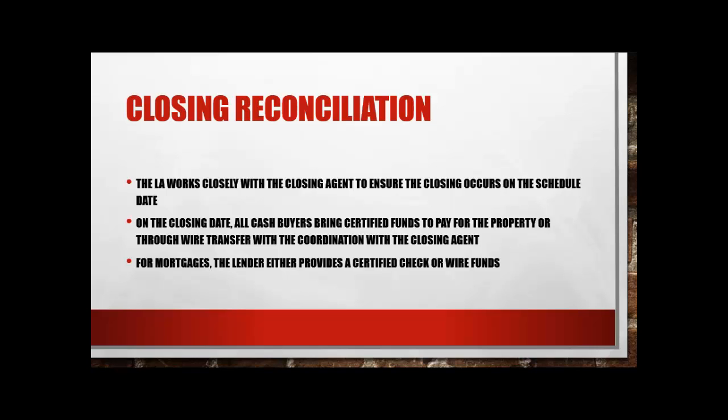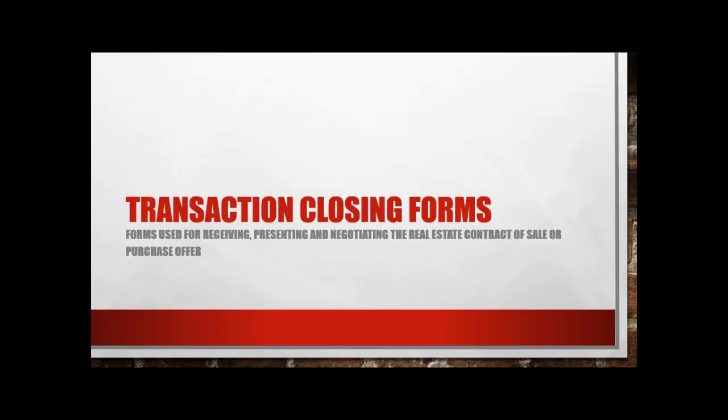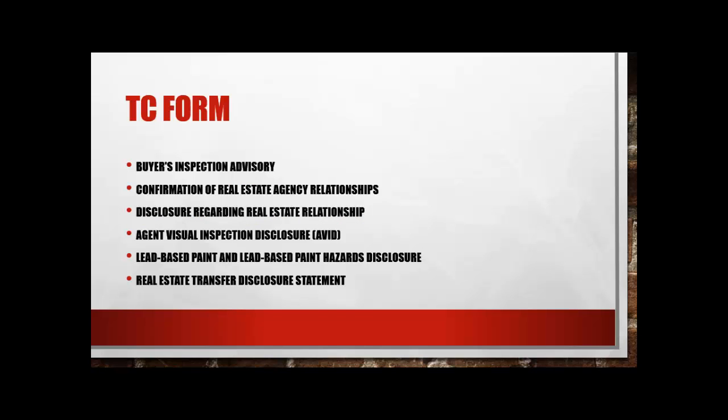Now, there are several transaction closing forms, and in this part we will be discussing those. So the forms that must be included during transaction closing are buyer's inspection advisory, confirmation of real estate agent relationships, disclosure regarding real estate relationship, normally one for the buyer and one for the seller, agent's visual inspection disclosure.